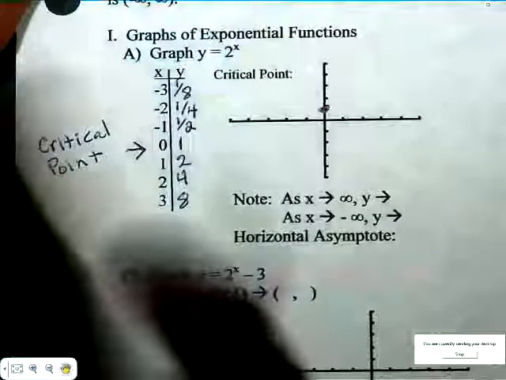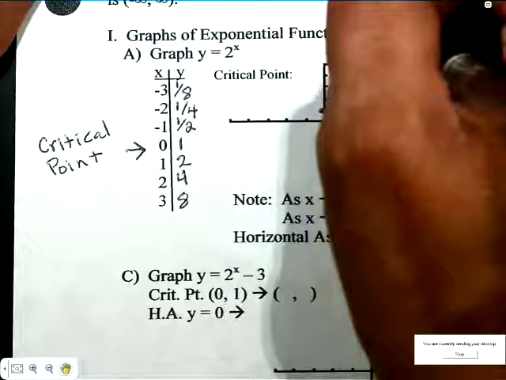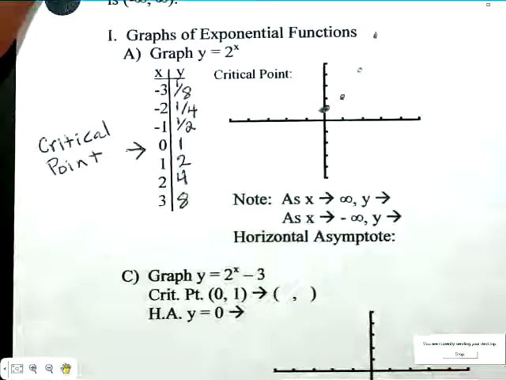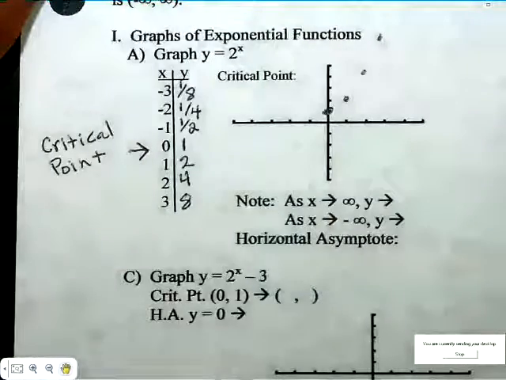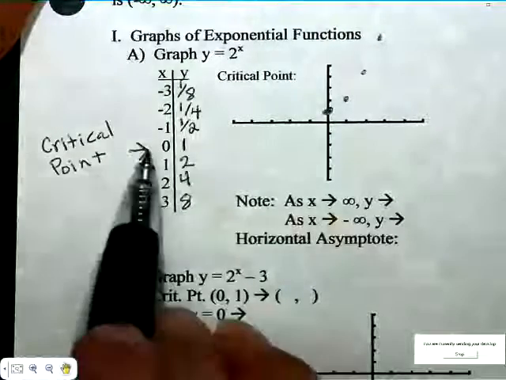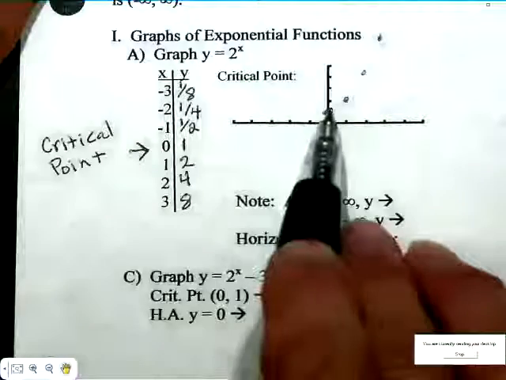All right, going to the right from there, I have the ordered pair 1, 2, 2, 4, 3, 8. I don't even have enough tick marks for that. But certainly I can see that as my x's are getting bigger, my y's are getting big really fast.